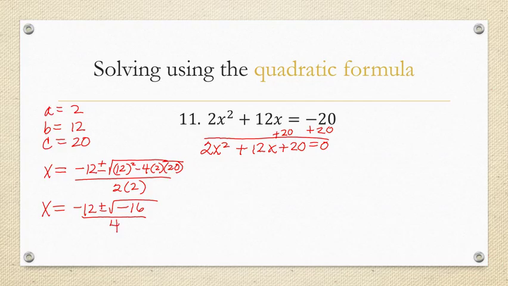Okay, now we've never had, at least in the problems we've worked before, a negative underneath the square root. So this means if your discriminant is a negative 16, it means that your quadratic is never going to cross the x-axis. It will never touch the x-axis.